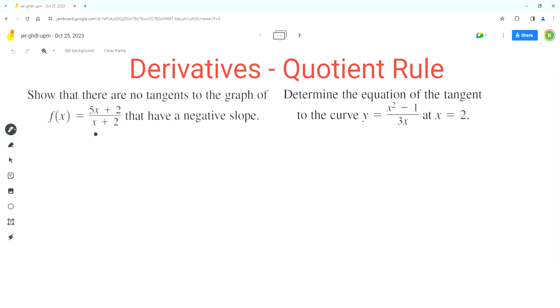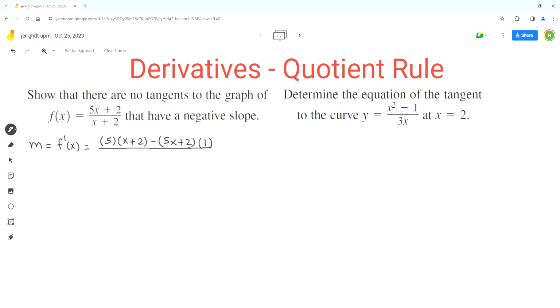Now this is a rational function, so we can use quotient rule to find the derivative of this function. So the first step is, m, the slope of the tangent, is equal to f prime of x, which will be equal to, as per the quotient rule, we'll start with the derivative of the numerator, which is 5, times the denominator x plus 2, then minus the numerator, which is 5x plus 2, times the derivative of the denominator, which will be 1.